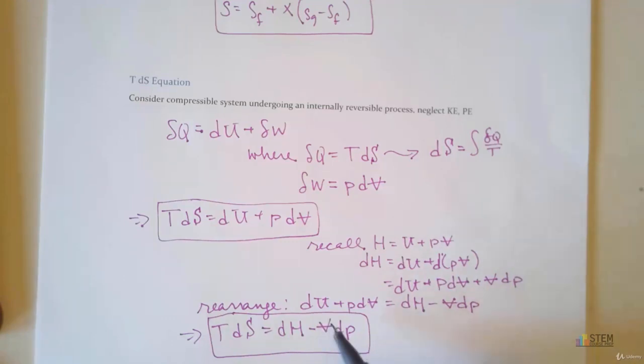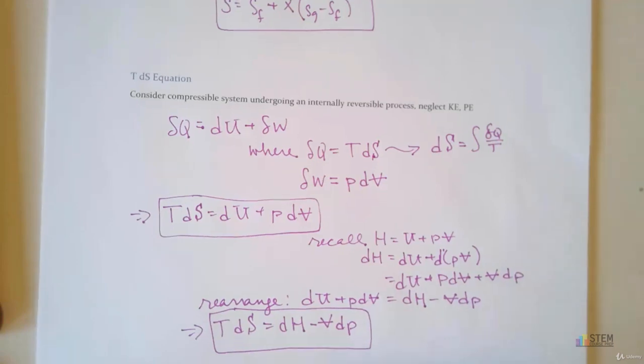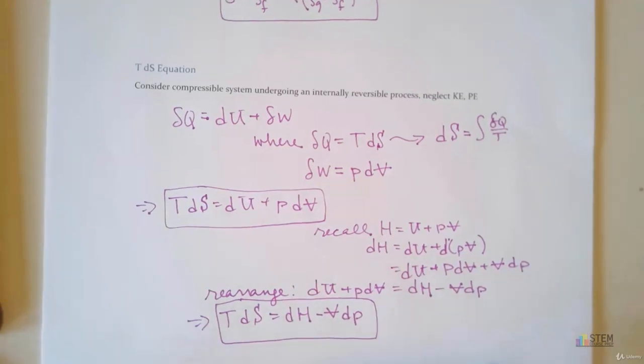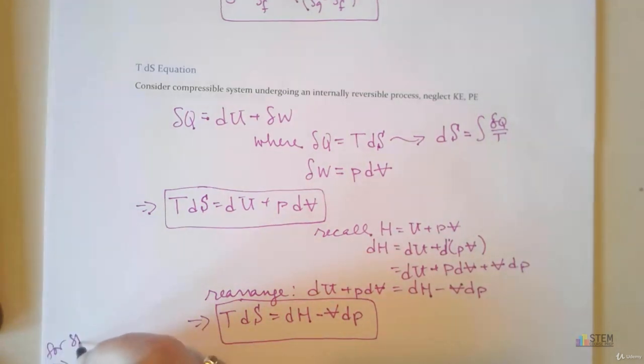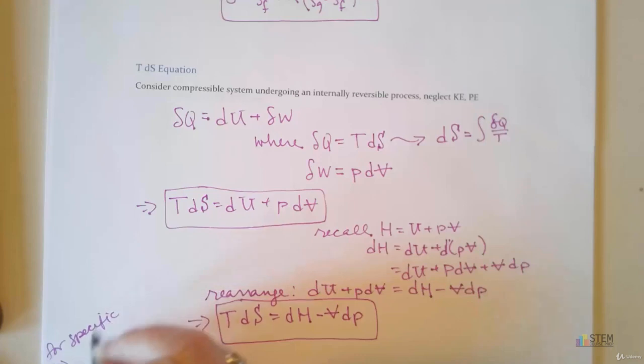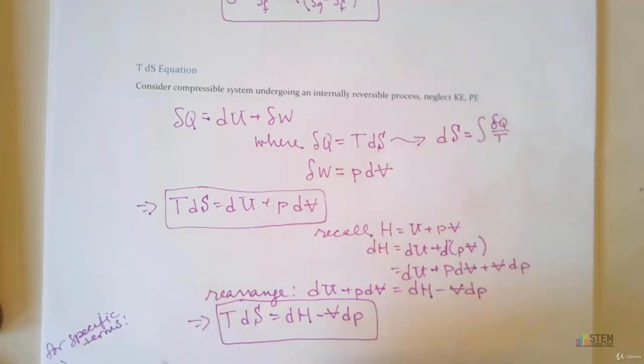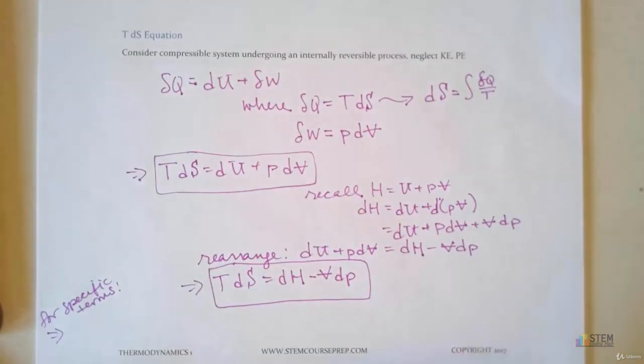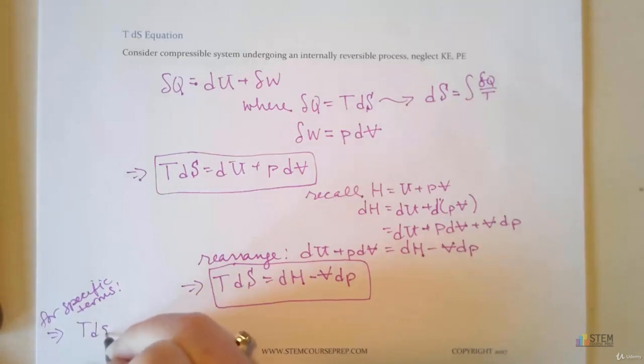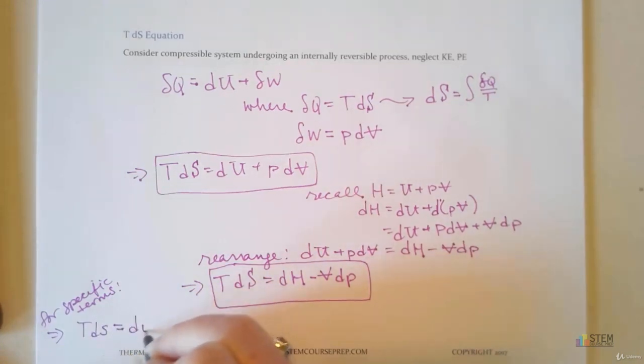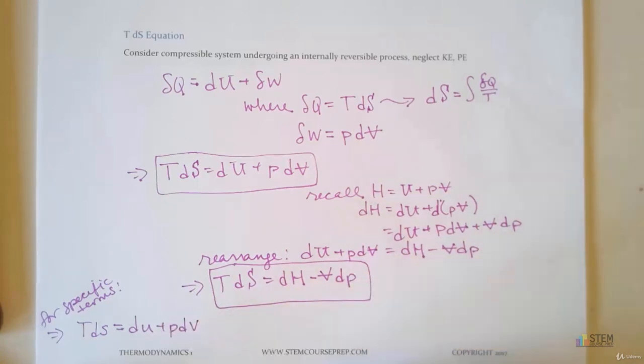And now, if you want to write it on a unit mass basis, if you want to use the specific terms like specific entropy, specific enthalpy, and specific volume, then what you're going to get is the following. So for specific terms, we're going to get T ds equals du, that's a little u, plus P times dv, little v.